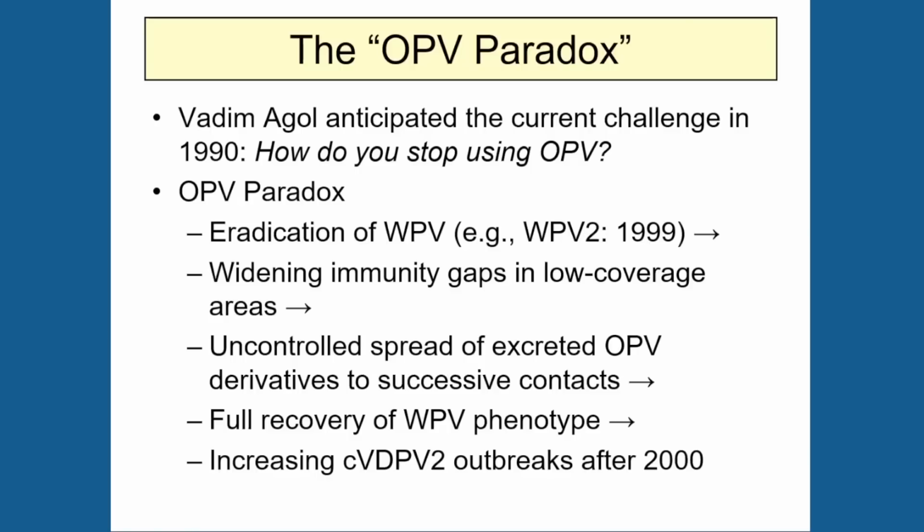There is then uncontrolled spread of excreted OPV derivatives to successive contacts, full recovery of the wild poliovirus phenotype, and increasing, as you heard from Cara, cVDPV2 outbreaks after 2000, and also cVDPV1 and cVDPV3. cVDPV2 is by far the most common, cVDPV1 next, and then cVDPV3 least common, a little bit counterintuitive of what we might have thought from Phil Minor's observations and those of others about vaccine-associated paralytic polio. But type 2 is clearly the one that has caused the greatest problems, as you've heard.